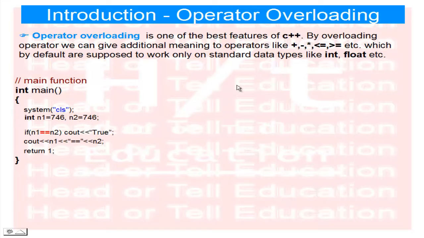Next, I am using the if statement to compare both variables' values. So if n1 equals n2, then the result cout is true. And in the next statement I print the n1 value and n2 value and return 1.